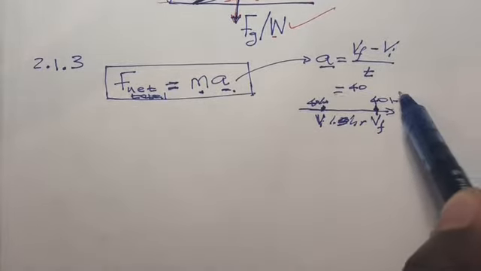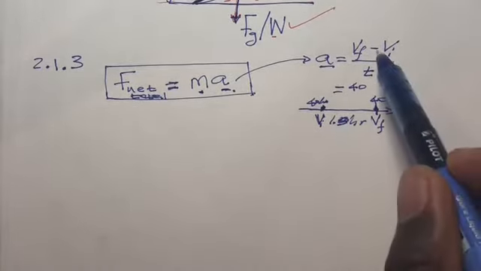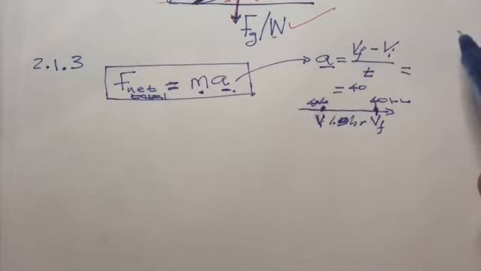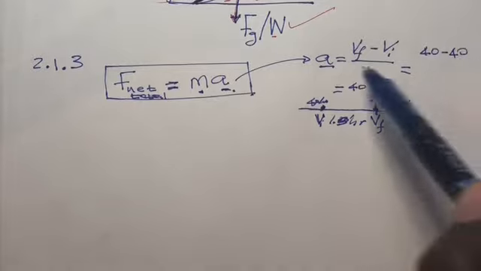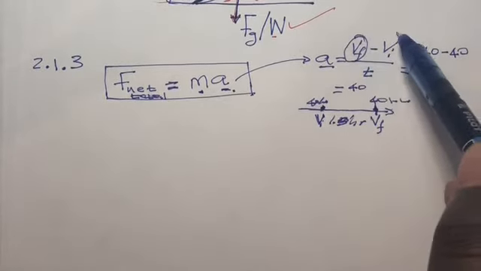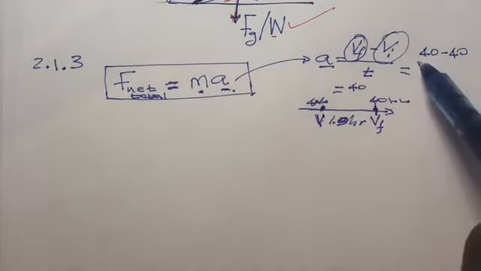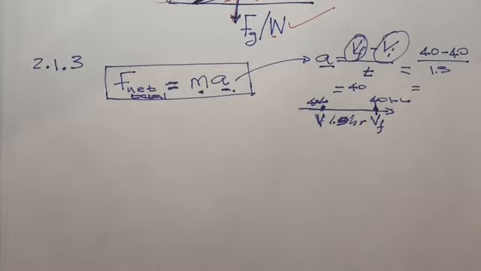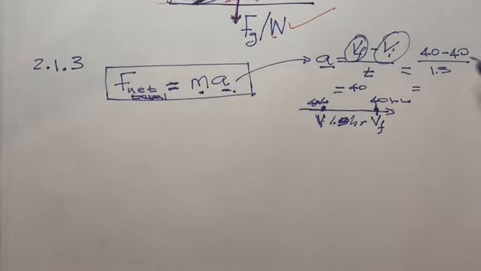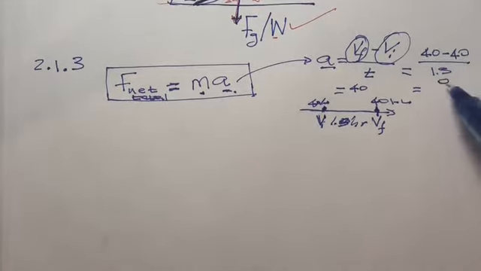If we substitute this information in that formula, this is what we get. We get 40 minus 40. Remember, final velocity is 40, initial velocity was 40, over 1.5 hours. Proceeding with this formula, 40 minus 40 equals 0 over 1.5.